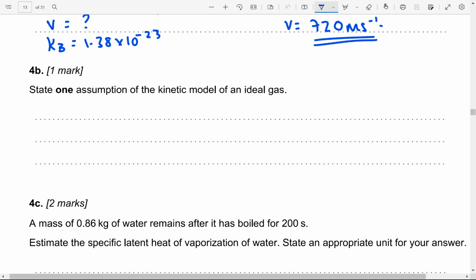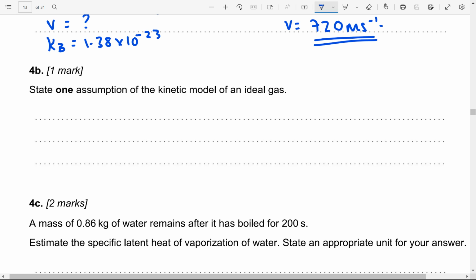Now, for the kinetic model of an ideal gas, there are a large number of assumptions, and you just need to state one. So there's actually 6 that you could have in no particular order. The first one could be particles are considered as points, they don't have dimensions. You could have said there's no forces between the particles, there's no intermolecular forces.